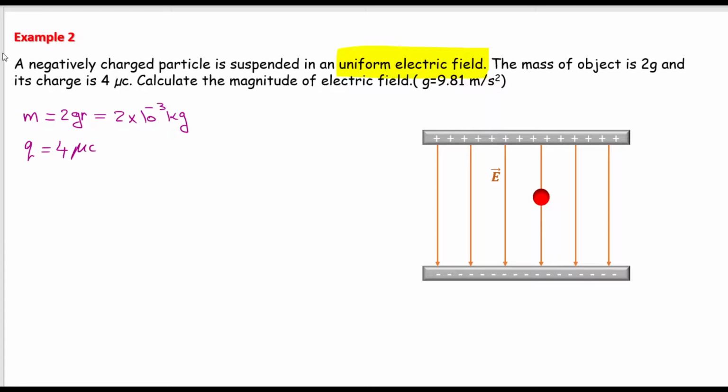I'm pretty sure that you never forget to convert this to 10 to the power minus 6 coulomb, because we are working in SI units, standard international units. Calculate the magnitude of the electric field. We are looking for the electric field. The direction is determined: it is from top to bottom.